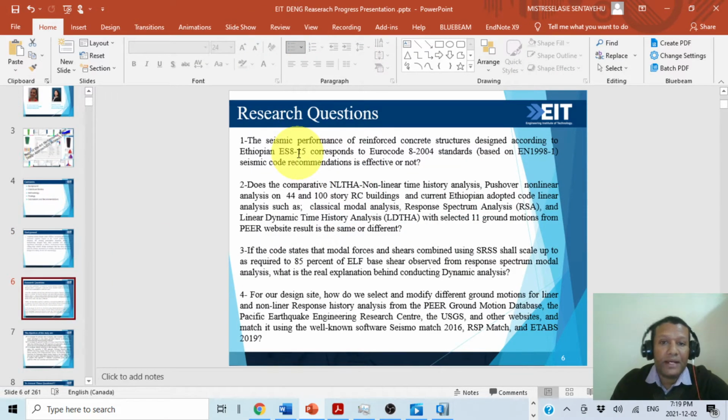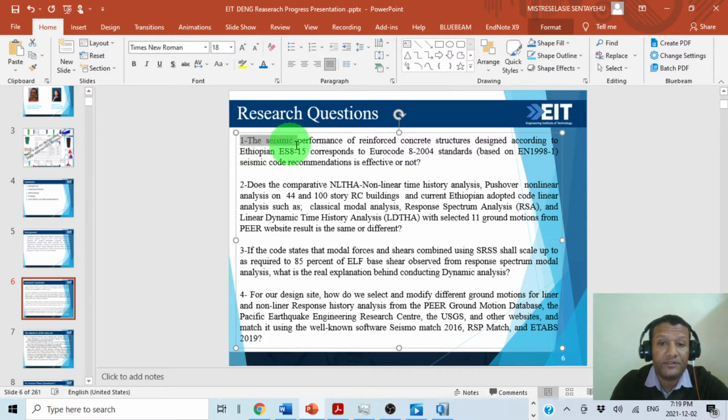So my research questions. The first question: is the seismic performance of reinforced concrete structures designed according to Ethiopian Standard 815, which corresponds to the Eurocode 8 2004 standard based on EN European Norm 1998-1, effective or not effective?